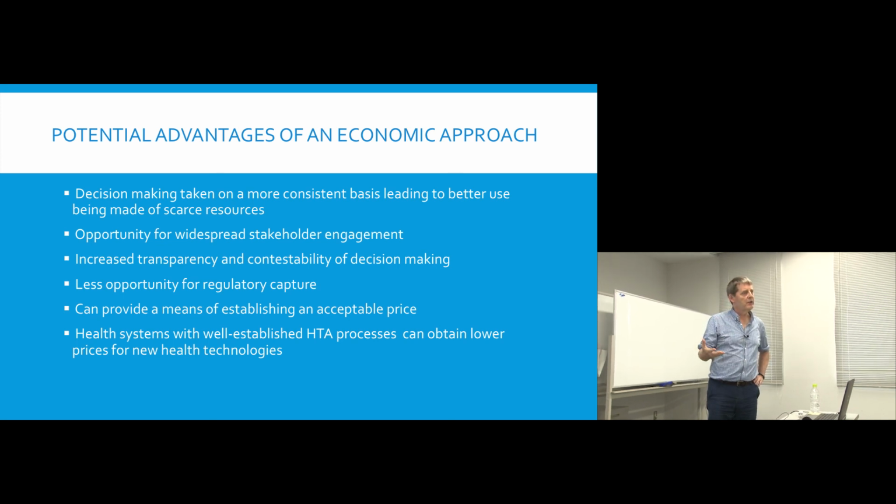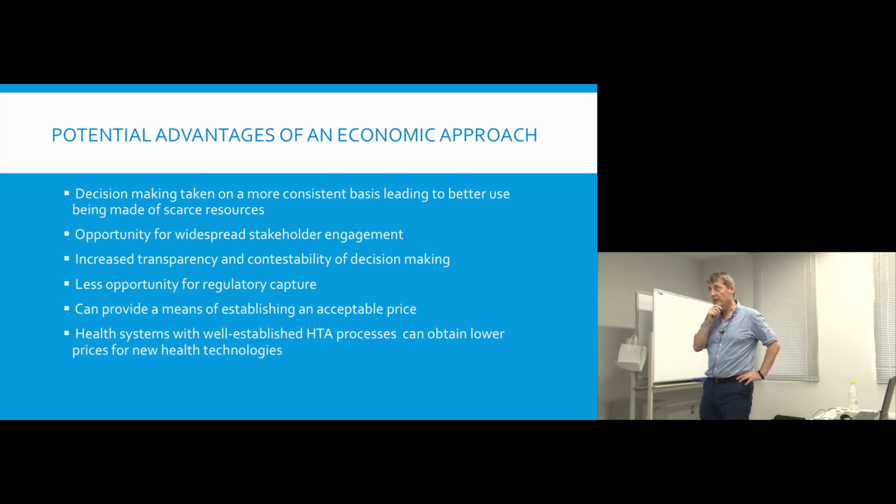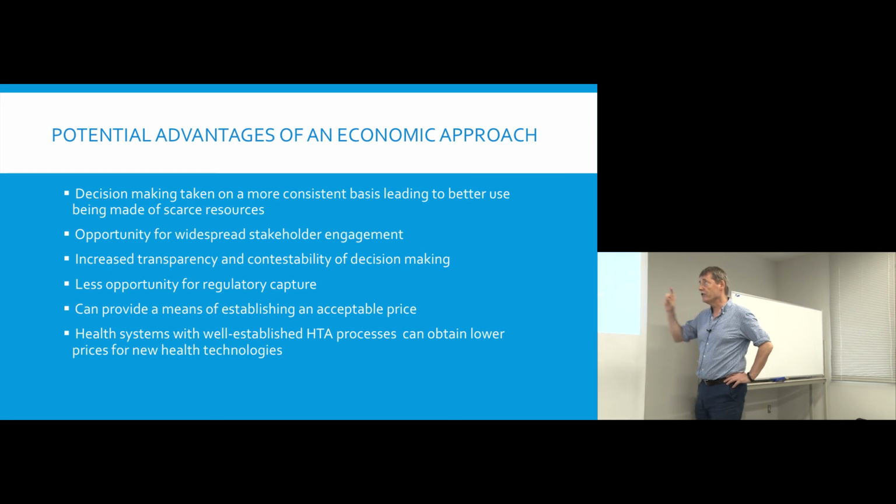Decisions are taken, but you don't really know why a decision was a yes or a no. If you wish, you can go on a nice website and see exactly what evidence a committee has looked at when it made a decision. There are some redactions because of commercial confidentiality, but in effect you can see it all. When you read the guidance, there's a whole section which explains why the committee made the decision it made. So the system is much more transparent and also it's contestable.